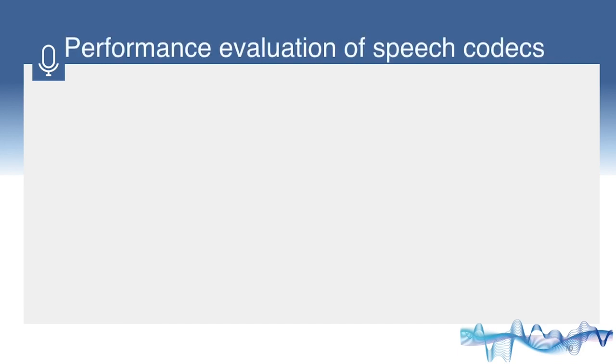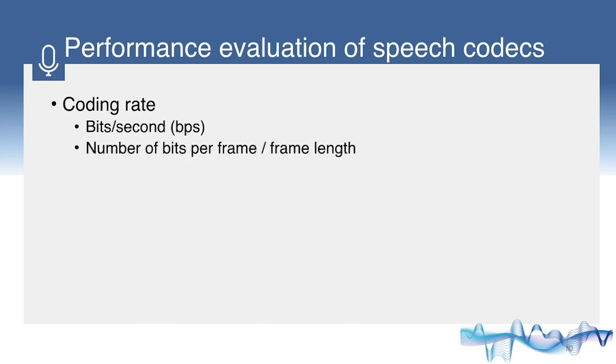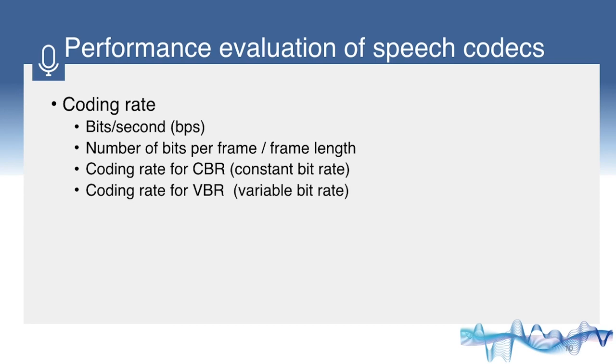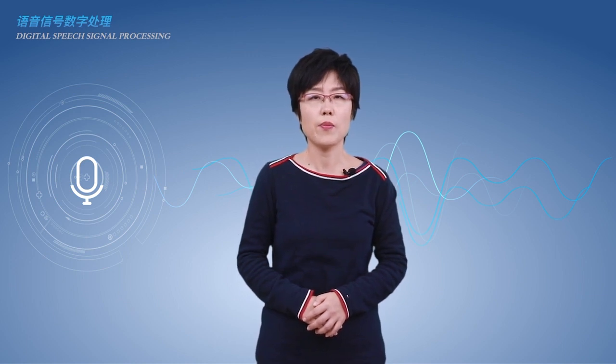There are some test indicators to evaluate the performance of a speech codec, such as coding rate, speech quality, delay, and complexity. If the required speech quality can be guaranteed, the coding rate directly reflects the compression degree of speech information. The coding rate can be measured by bits per second, bps, which represents the total rate of coding, or bits per sample, which represents the average number of bits used to encode each sample point.